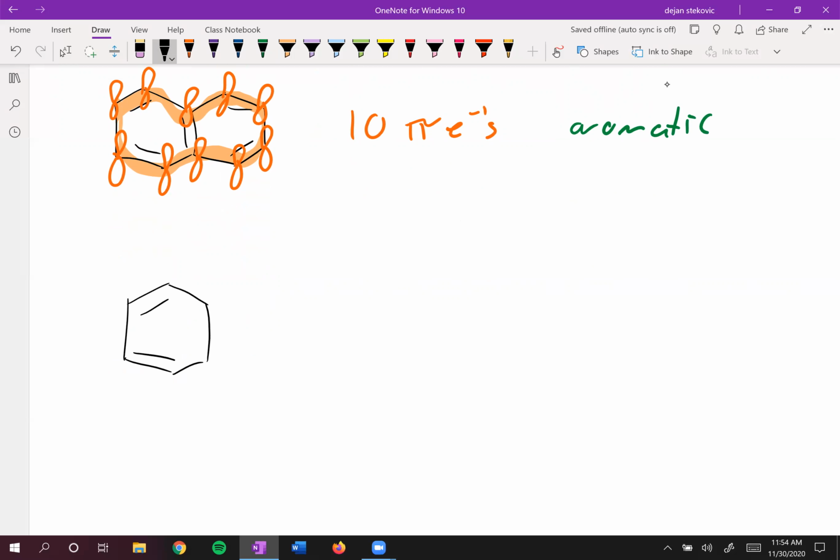If we think about cyclohexadiene, here we have these sp2 hybridized orbitals, so we have empty orbitals, but these two over here are not sp2 hybridized, and so we don't have the continuous pi orbitals, right? So there's no continuous ring here.